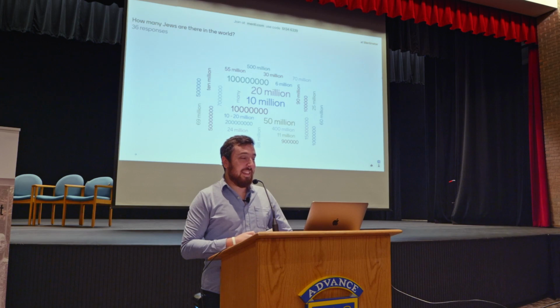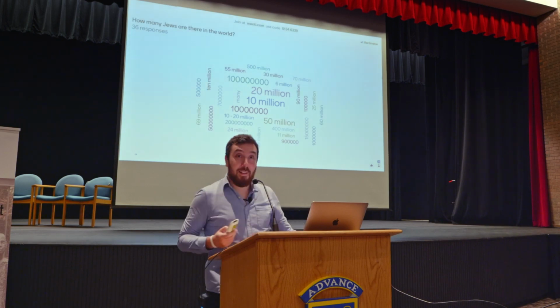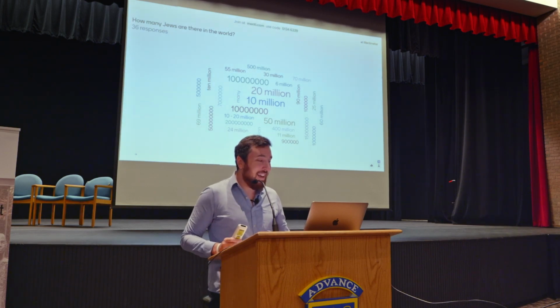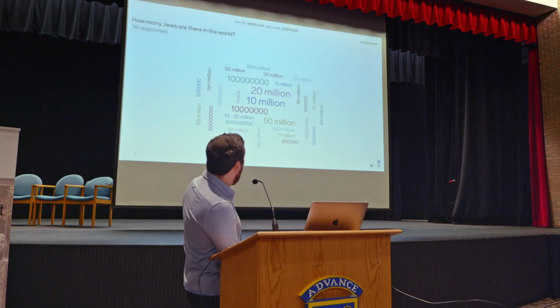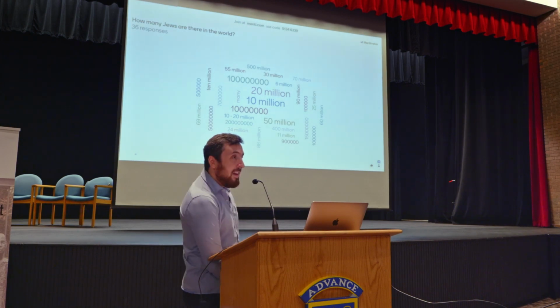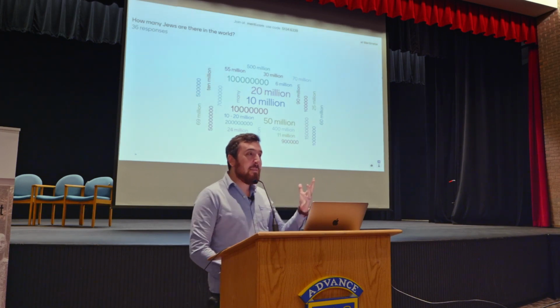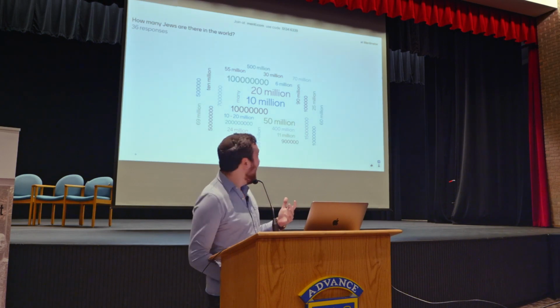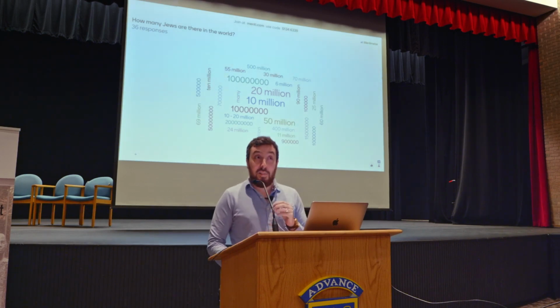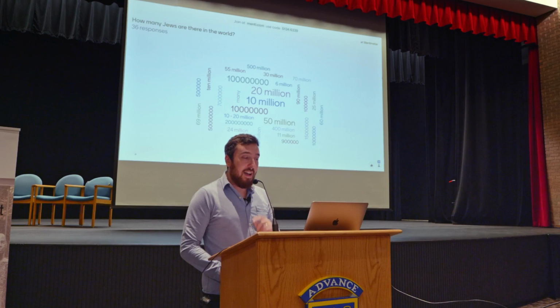Okay, great. I'm going to freeze it there. Lots of guesses all over the place, right? Generally, pretty high numbers, right? We may hear about Jewish people in the media pretty often for a variety of reasons. So it seems like there's a lot of Jewish people in the world. The answer is there's actually only 15 million Jews in the entire world, which is an interesting point.